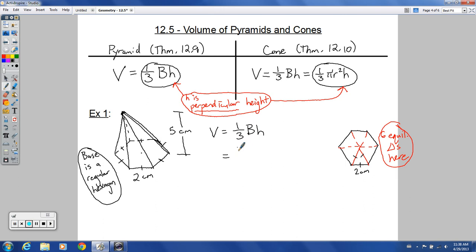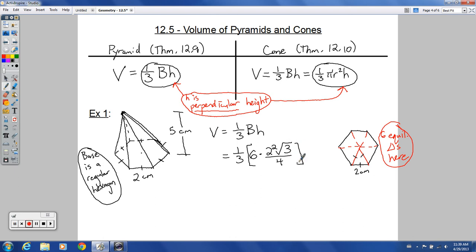Let's fill in what we know, figure out what we don't. So we know that the area of the base is going to be, there's 6 of those equilateral triangles. The shortcut formula for equilateral triangles was s squared times radical 3, all divided by 4. So our side squared is going to be 2 squared. We have that times radical 3, all divided by 4.